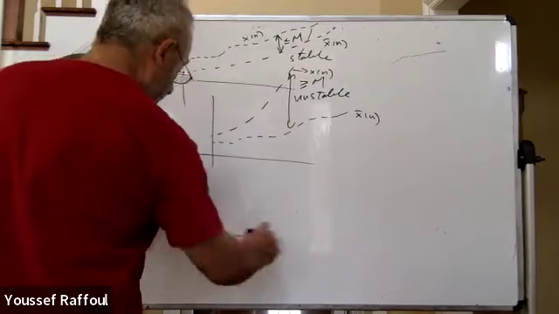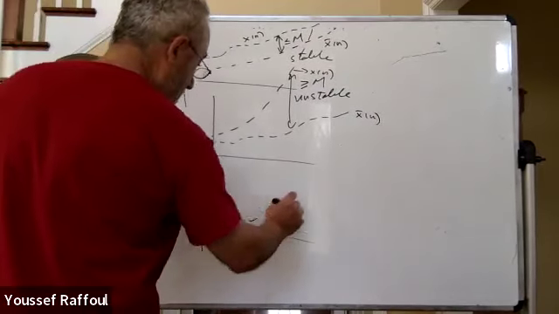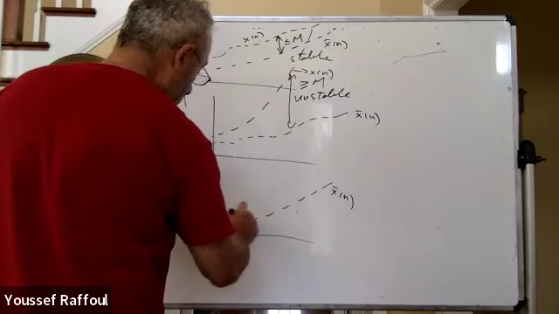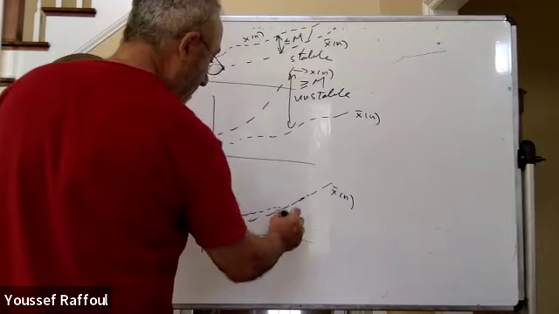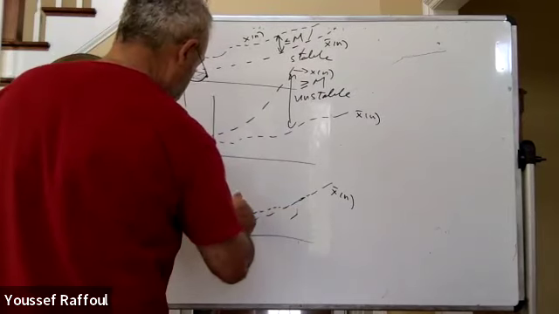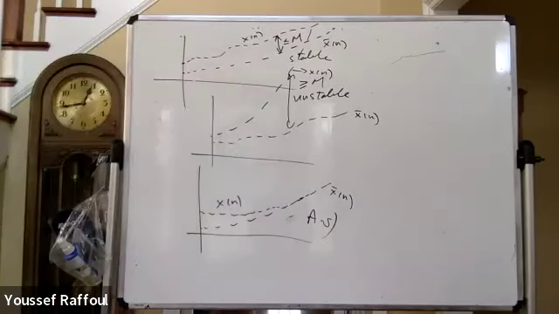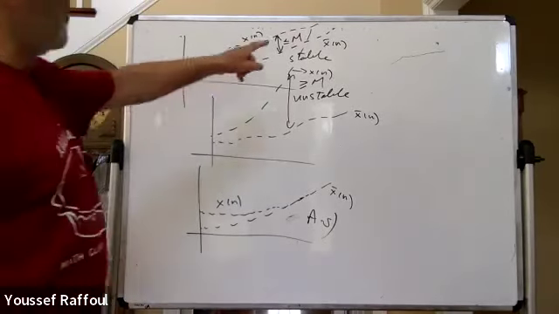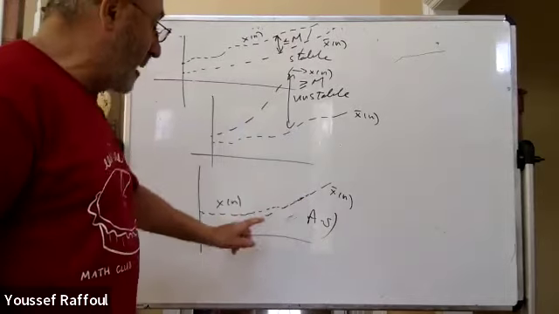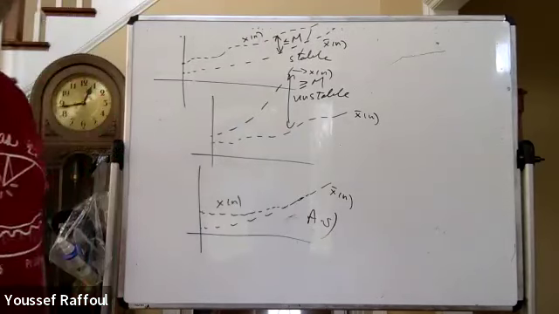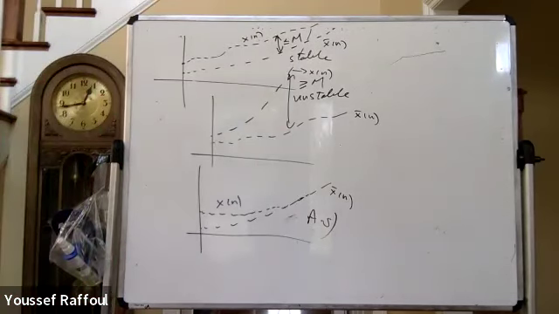And if you have this x_n and this one, and then go like this, it is asymptotically stable. That means the difference between them goes to 0. That means after a while, the two graphs will be on top of each other. Okay? So that is the difference between the three.